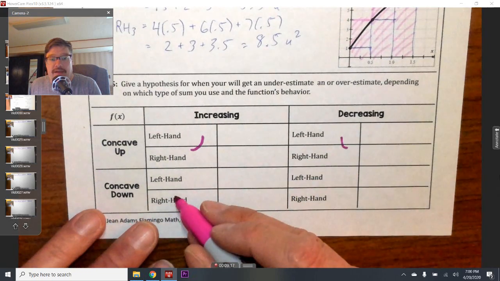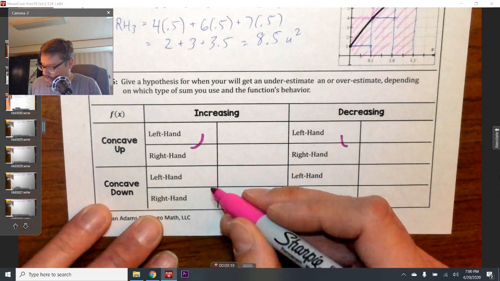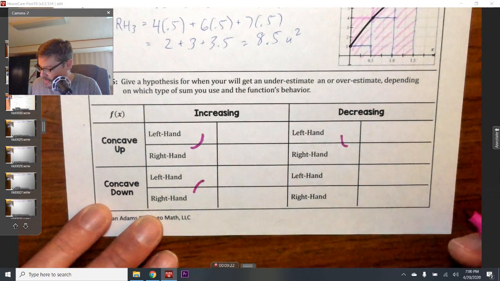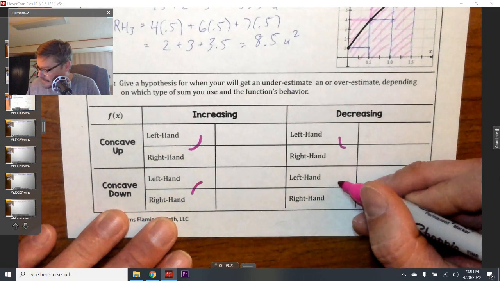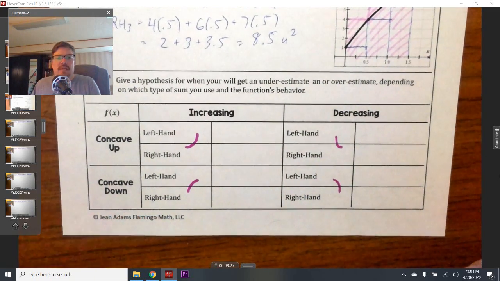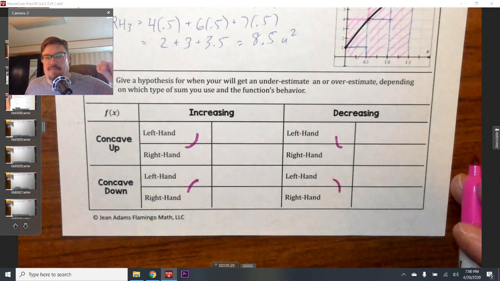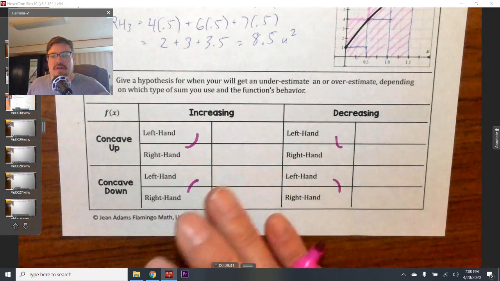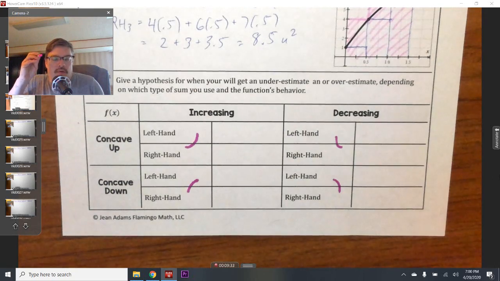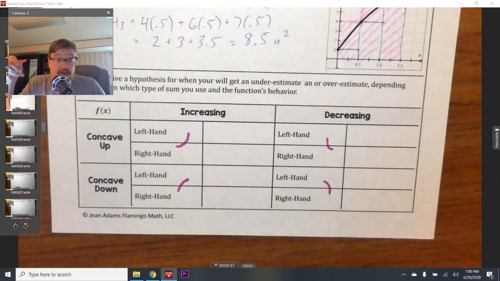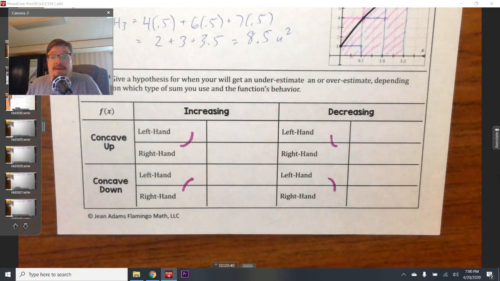Concave down increasing would look like this. And for decreasing concave down, it would look like this. What I'm really doing is drawing a little curve so I can figure out what my left and right hand sums are. Are they going to be over or under for each thing? Okay, I got my little shapes.